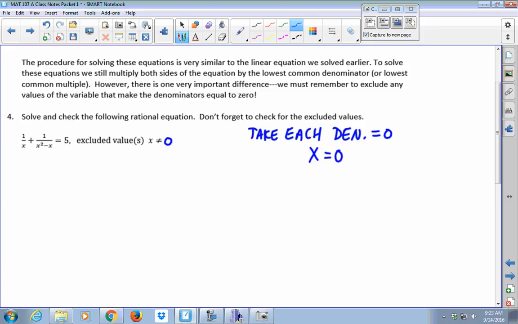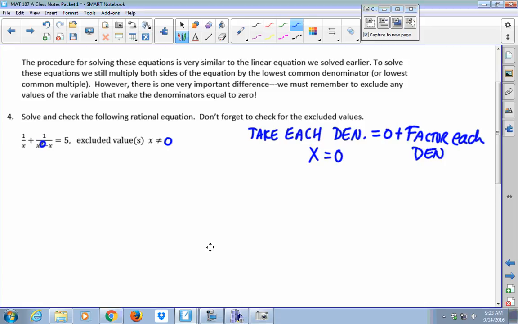And then you say, well, isn't it just 0 for the next one? Because 0 squared minus 0 is 0. Yep, 0 won't work there either. As long as it doesn't work in one of them, it doesn't matter. However, in order to see all the possibilities, because remember when you have that little 2 up there, you could have 2 possible answers, you take each denominator and set it equal to 0, but you also should factor each denominator.